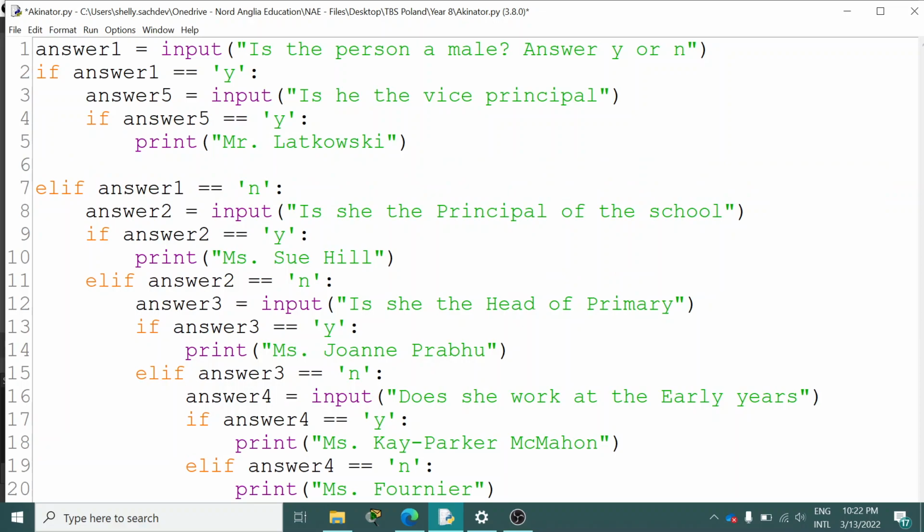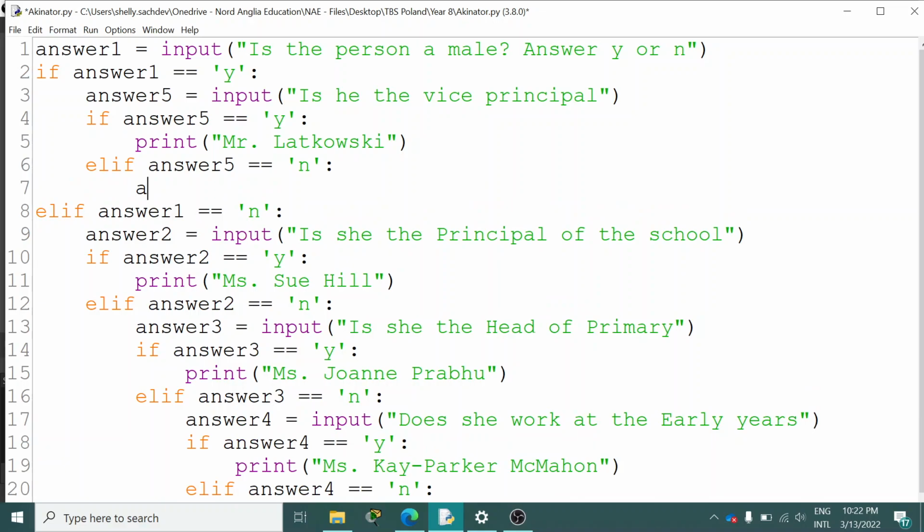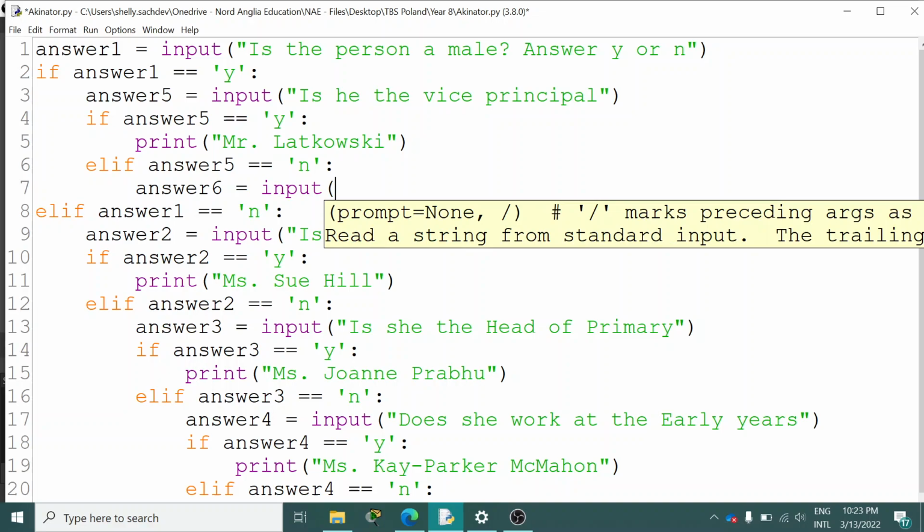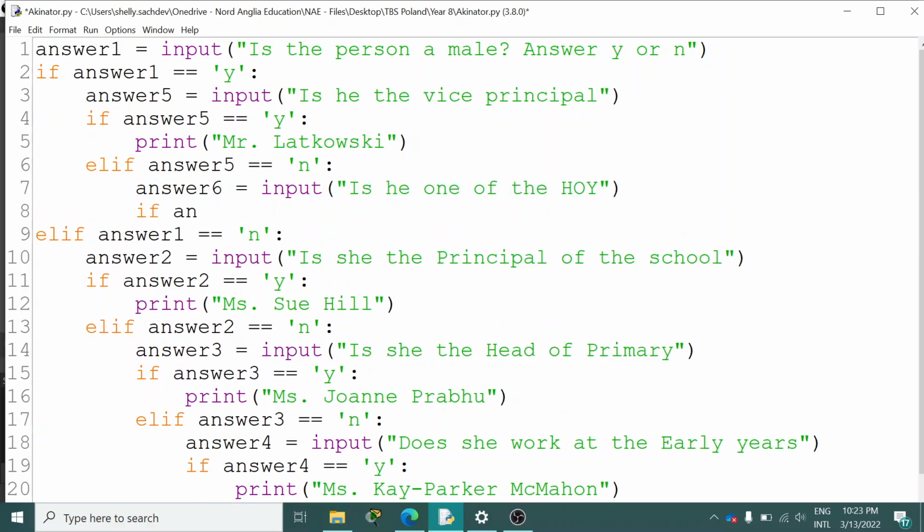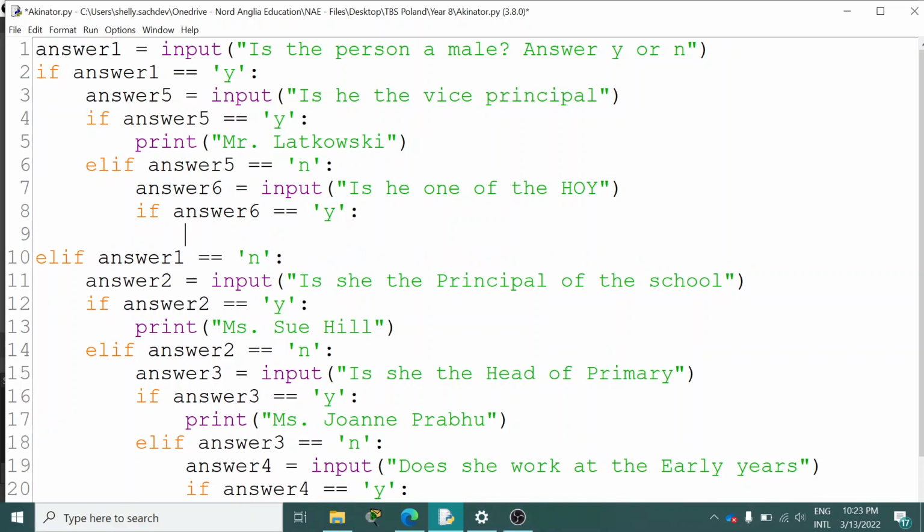Okay. But if answer 5 is a no, then I will have to ask further questions. Let me ask something like input: is he one of the head of years in our school? Right? If answer 6 is equal to, let's say, yes, that he is one of the head of years, then I'll ask another question because there are people who are head of years and males.